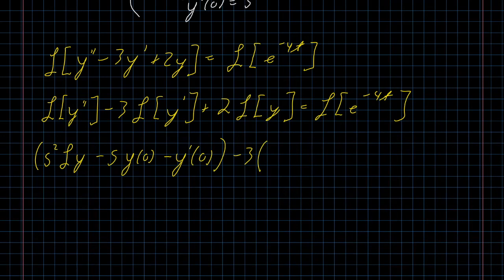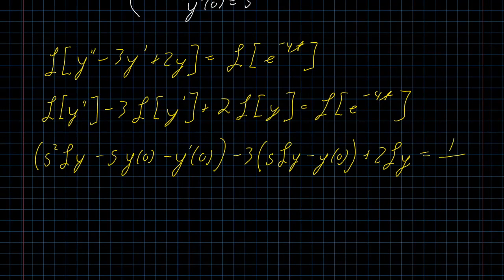The Laplace transform of y prime is s times the Laplace transform of y minus y evaluated at 0. I have no idea what the Laplace transform of y is, so nothing to do on that term. And then the Laplace transform of an exponential is 1 over s minus the coefficient. s minus negative 4 is s plus 4.